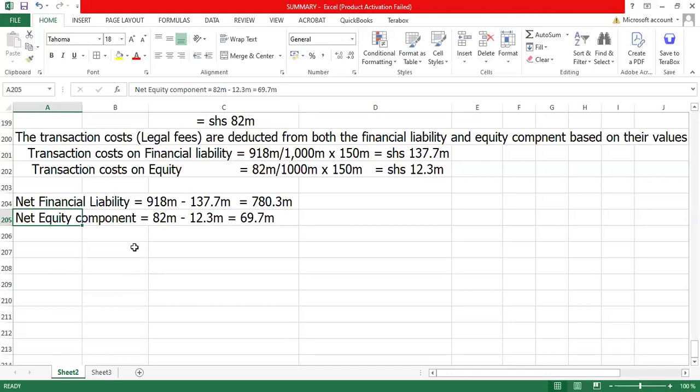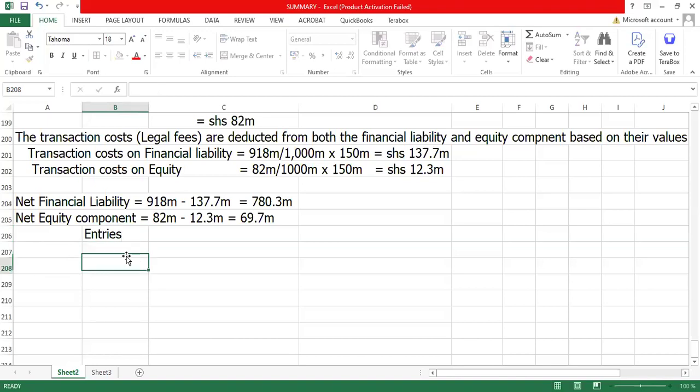So what does this mean? Entries: if you were to pass entries at initial recognition, you debit. Remember, this is the financial liability, colleagues. Financial liability means that the entity is receiving cash. They borrowed it. Once you borrow, your cash or bank amount increases.